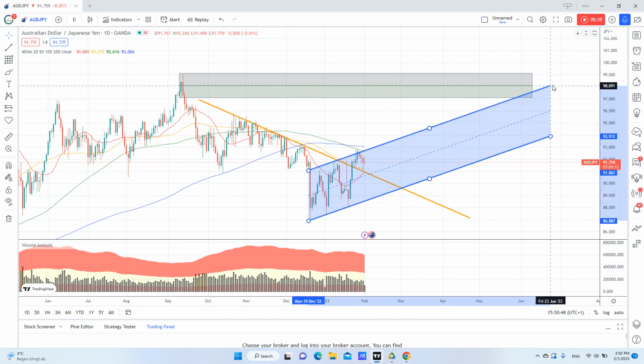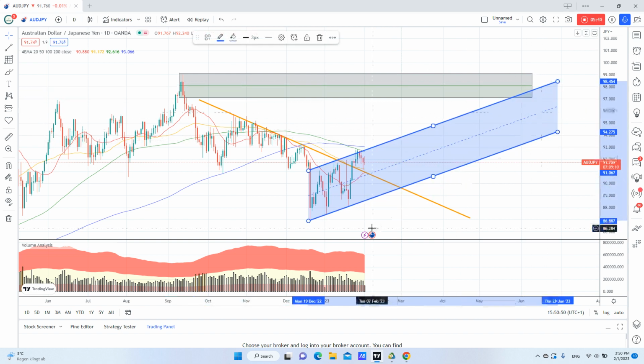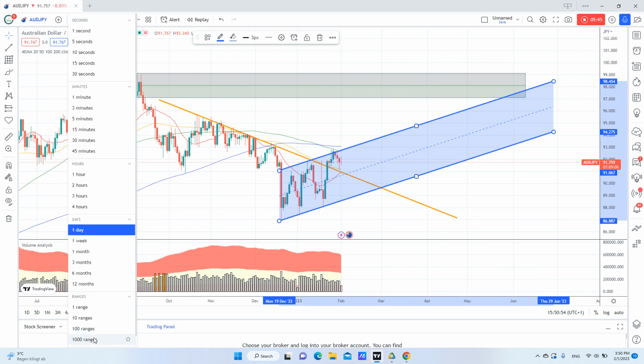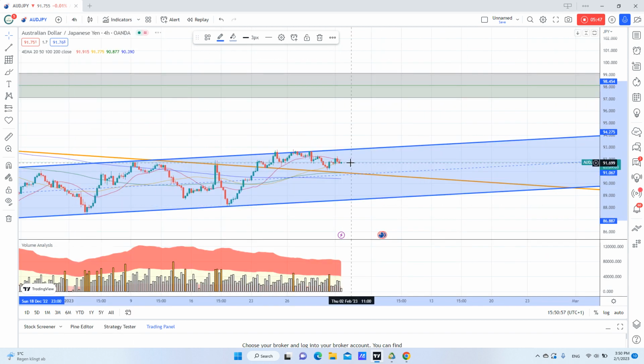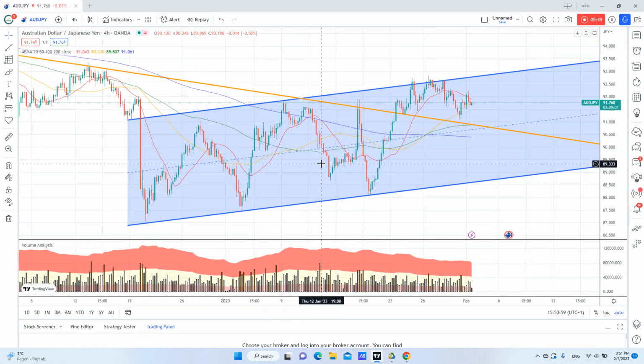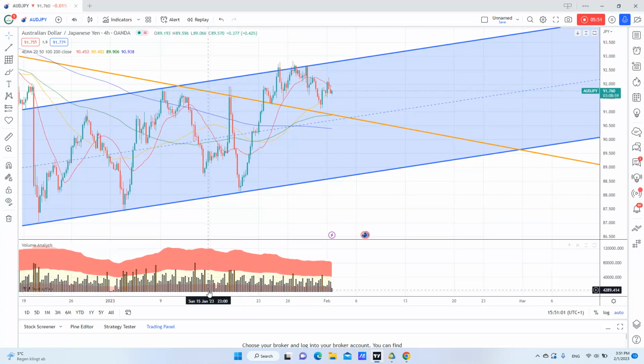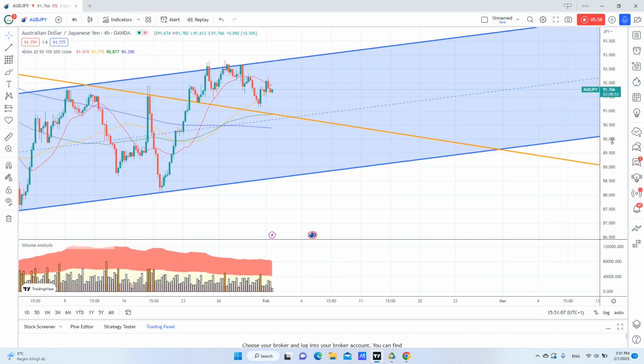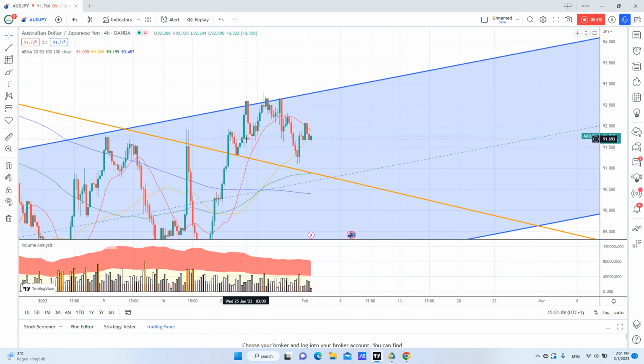So it will look like this. This is what I mean. So our target will be more conservative in this one, which will be the end of the channel, or the lower limit of the channel. What we see here is also a move that broke the support level.